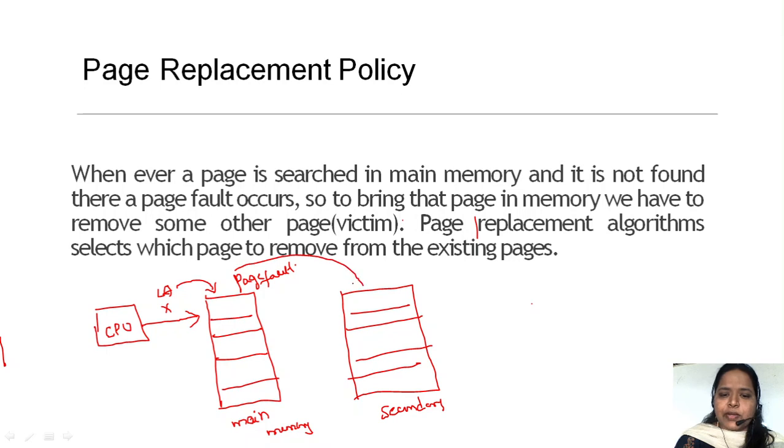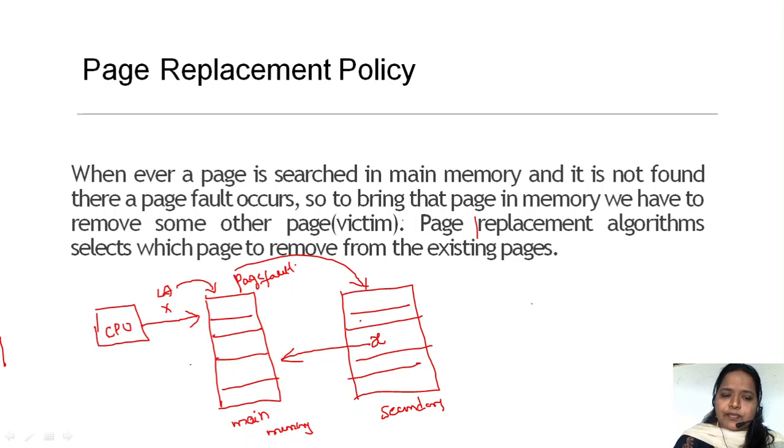Obviously the page will be there in the secondary memory. Whenever a page fault occurs, we have to load the page. Suppose page X is here, so we have to take this X page from the secondary memory and load it onto the main memory. That is the procedure we follow.